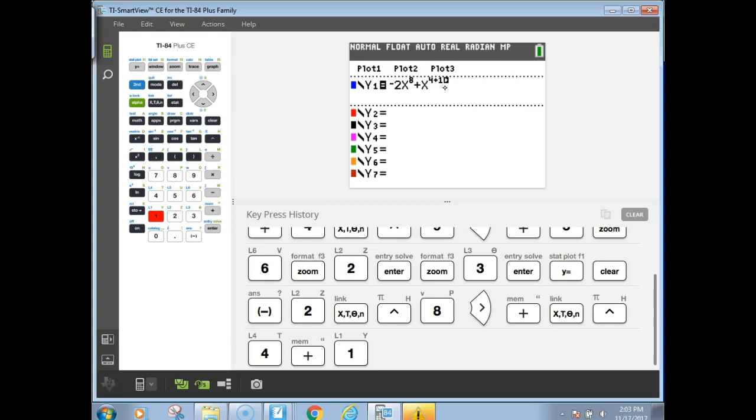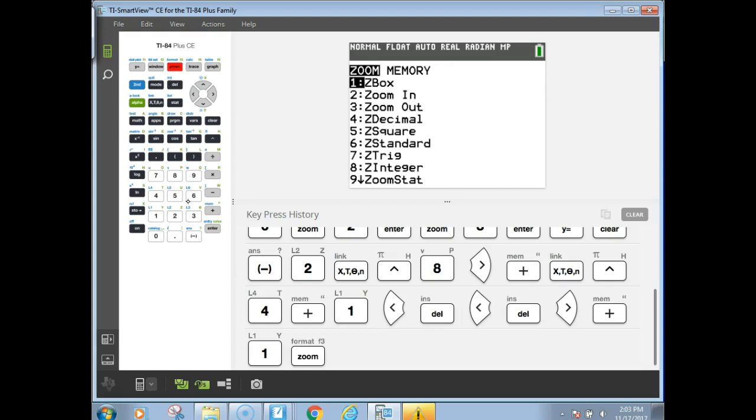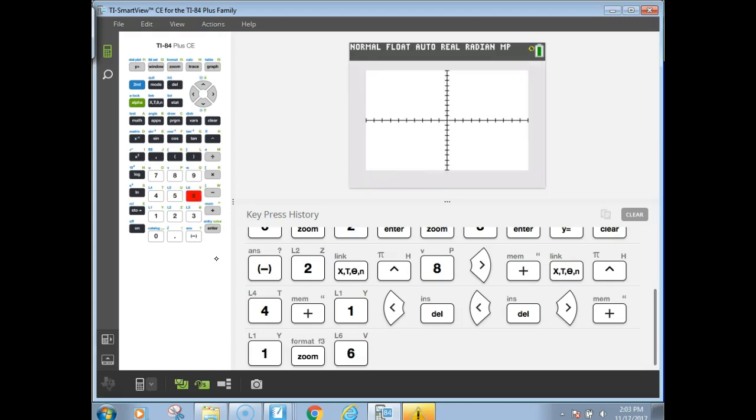See what happens when you don't. I don't want to have to start all over, but you've got to arrow out on these new operating systems to get out of the exponent. Okay, if that happens to you, you can back up and hit delete until you get where you want to go. All right, Zoom 6. Well, it's already on Zoom 6, but I always just like to square up my window, make sure everybody's seeing the same thing. Up, down, down.